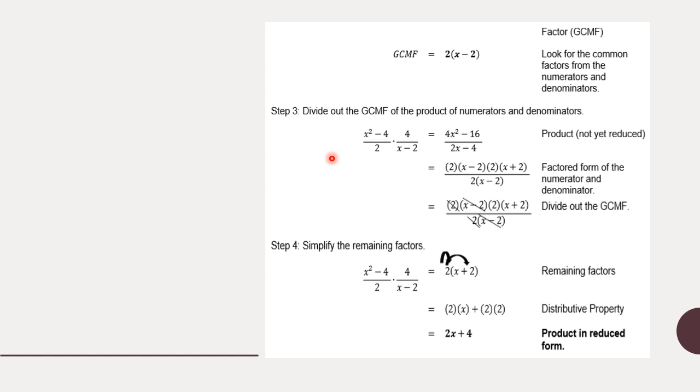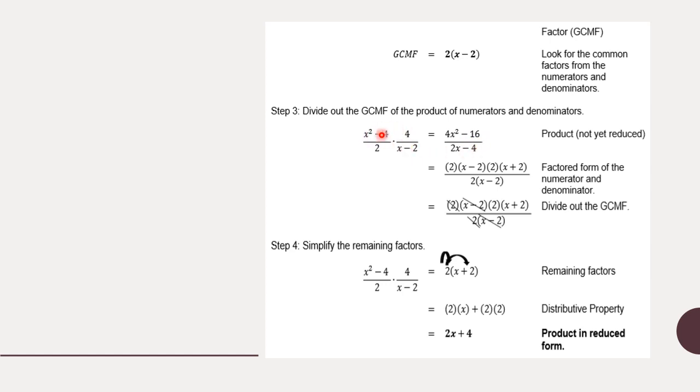The product is not yet reduced. If you multiply 2x squared minus 4 over 2 times 4 all over x minus 2, first we multiply the numerator, which equals 4x squared minus 16.